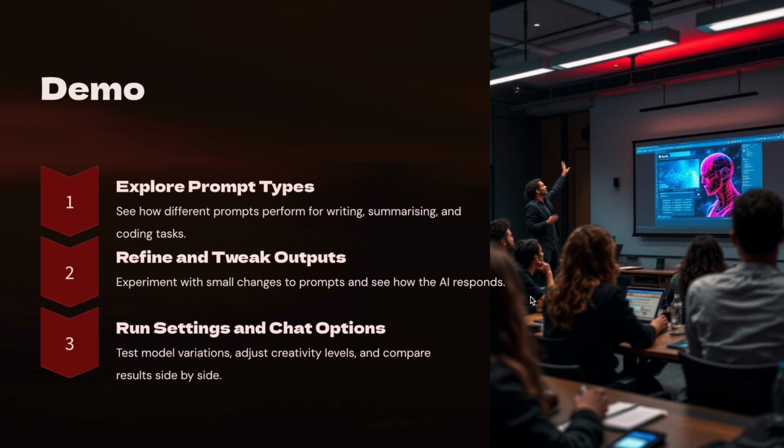So in this tutorial, we will explore prompt types, see how different prompts perform for writing, summarizing, and coding tasks, refine and tweak outputs, experiment with small changes to prompts, and see how the AI responds, run settings and chat options, test model variation, adjust creativity levels, and compare the results side by side.